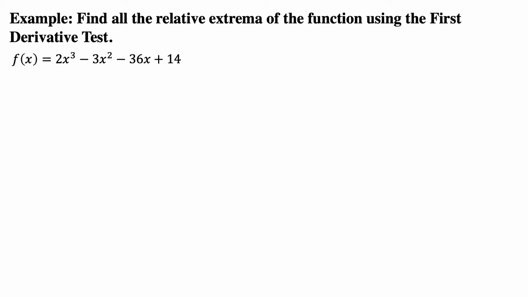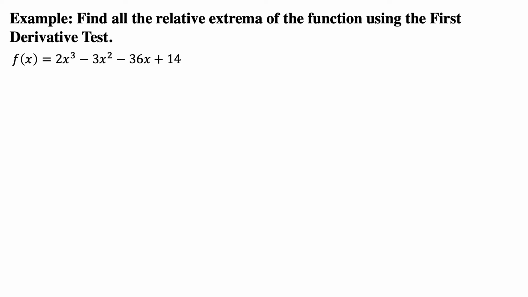Okay, so for our first example, the directions say find all the relative extrema of the function using the first derivative test, where our function is f of x equals 2x cubed minus 3x squared minus 36x plus 14. Hopefully you recognize this as the warm-up problem where we already did all of the work to identify the intervals of increasing and decreasing for this function.